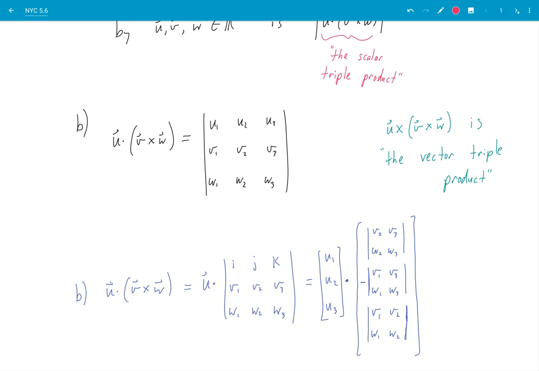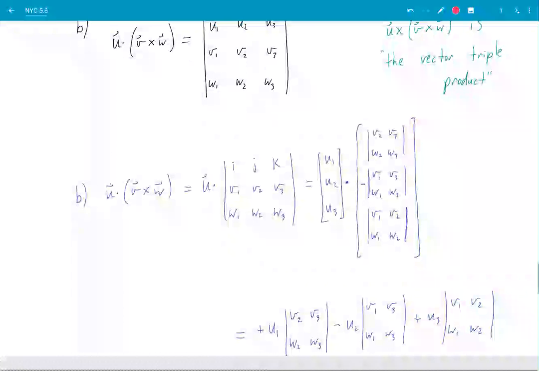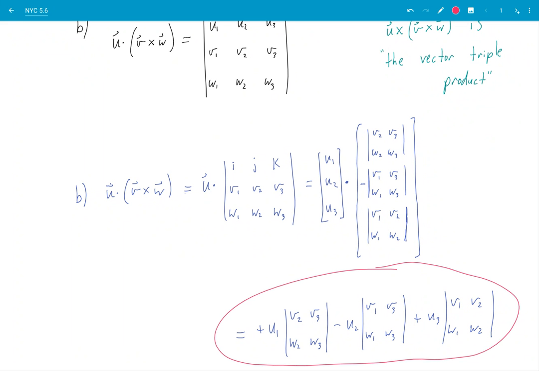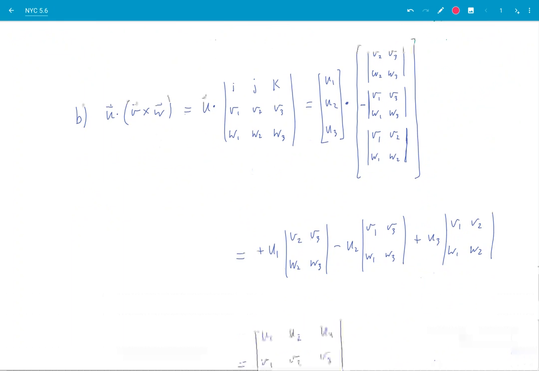And now I have a dot product of two vectors, which I expand like so. Just multiplying corresponding entries and summing. And now I want to recognize this as being itself a determinant. Maybe I'll just show you.